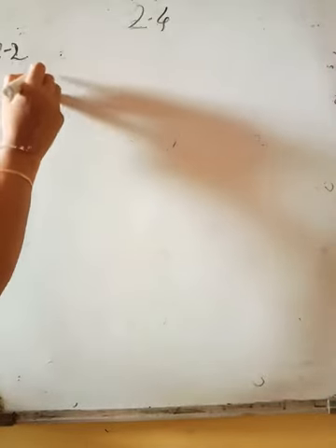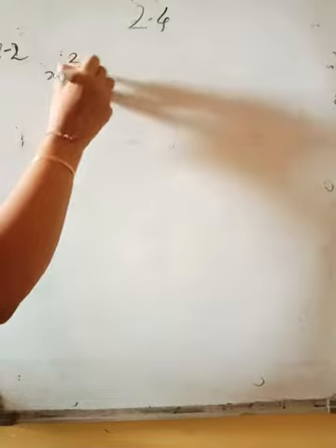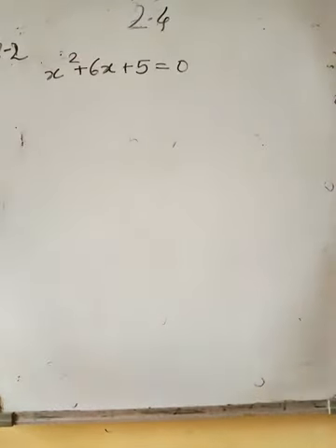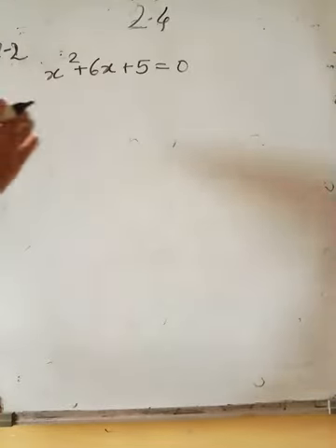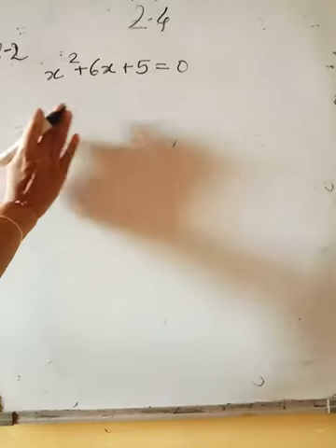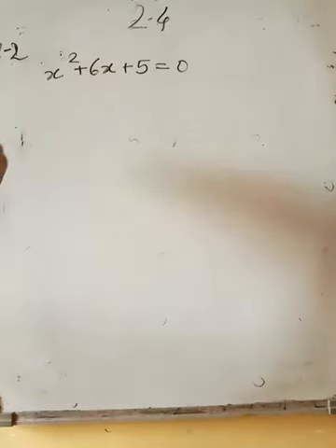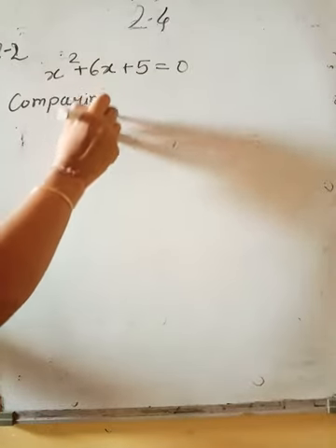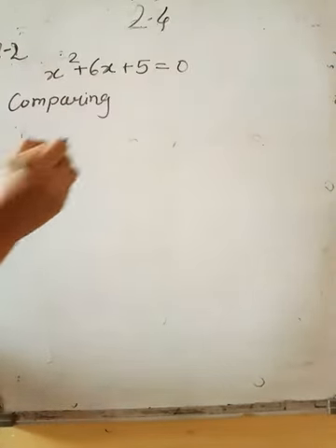So let us come to question number 2 now. We have x square plus 6x plus 5 equal to 0. Is it in a standard form? First check that, yes, it is in a standard form. Always you have to write down a standard form.